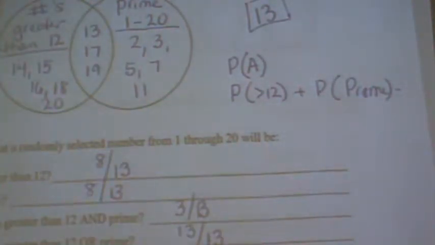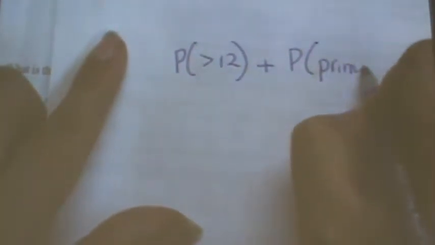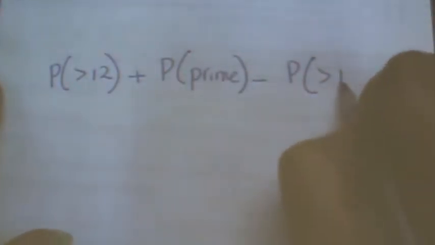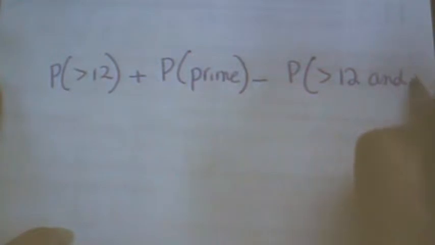So it looks like this: the probability of greater than 12 plus the probability of prime, minus the probability of those that are greater than 12 and prime.